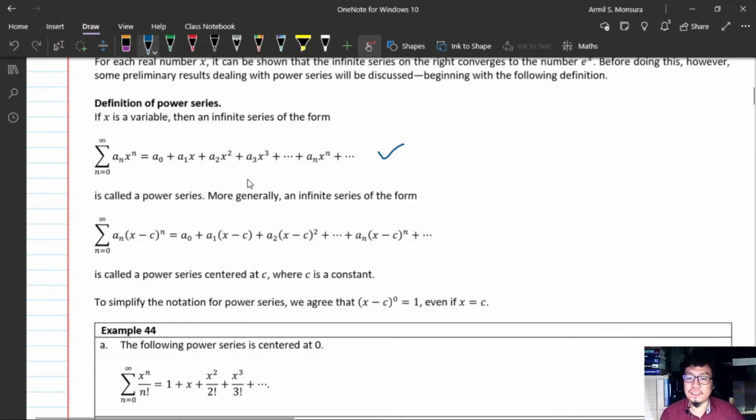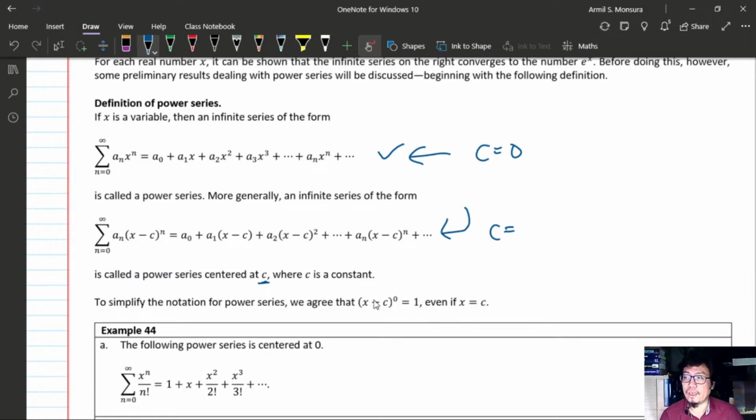More generally, an infinite series of the form written this way is called a power series centered at c. So this is a power series centered at 0, and this is a power series centered at a certain number c.